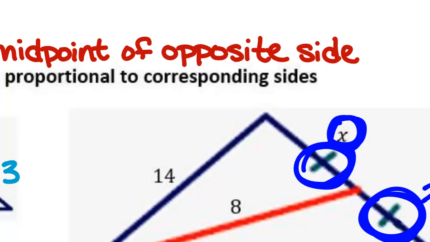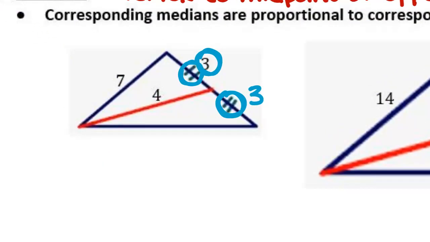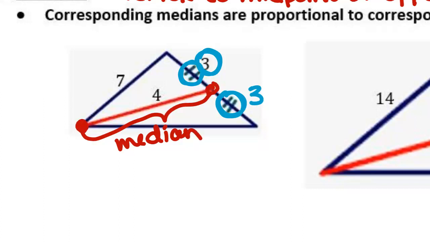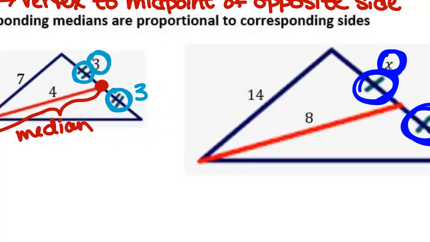From a vertex to the midpoint of the opposite side. So this segment right here in the middle of this triangle, I know that that has to be a median because it's going from a vertex, and where it hits the opposite side, it's splitting it into two equal parts. So that is hitting the midpoint of the opposite side.